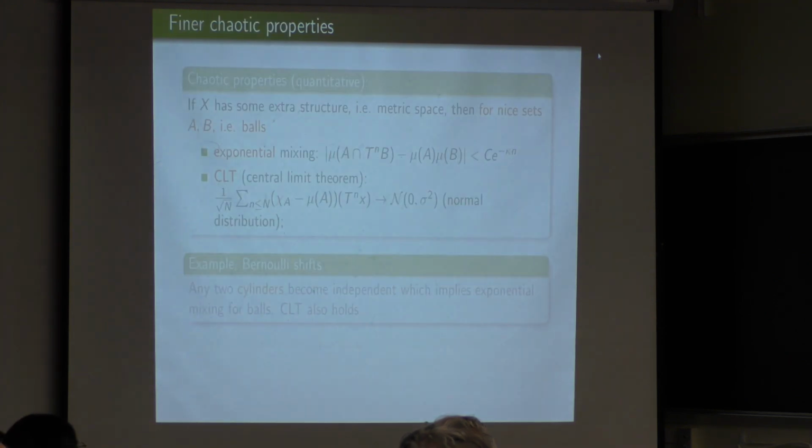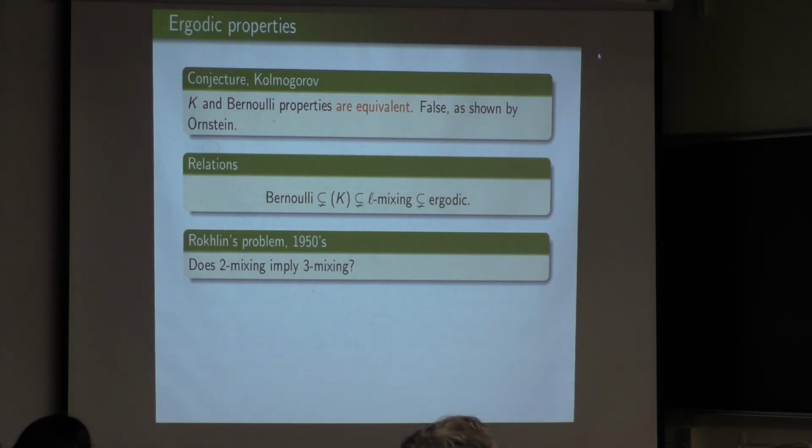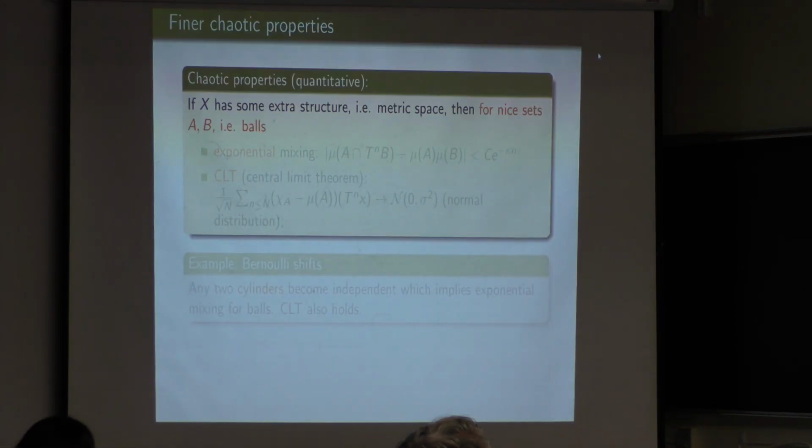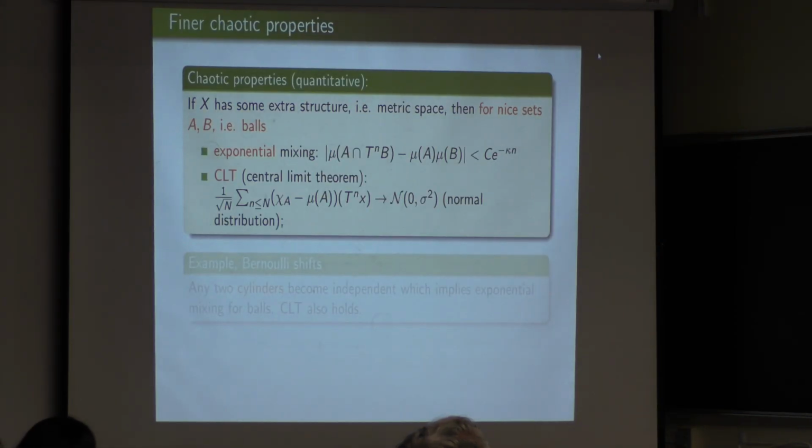Okay, and now just two more properties. Everything we discussed so far is, I think, the way it was discovered: you study the shift that I told you, and these are the properties that it has. Two more that I'll just mention very briefly. You can talk not only about mixing, but about rates of mixing in your system.